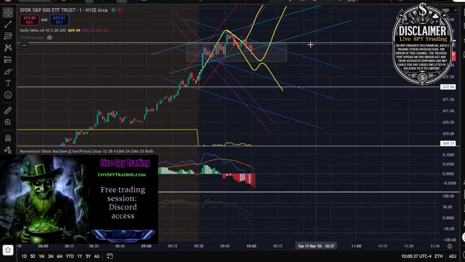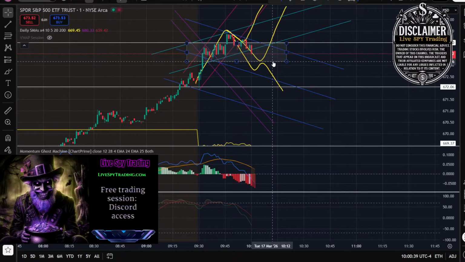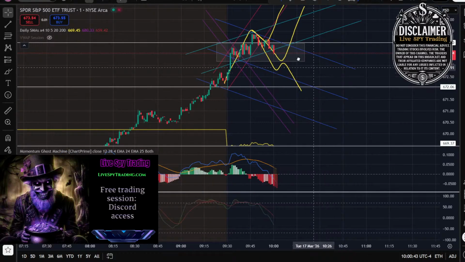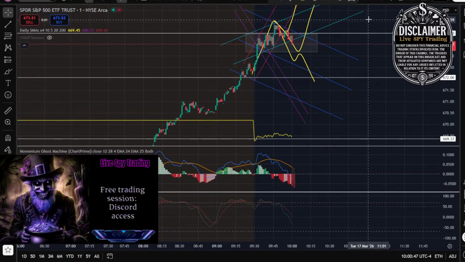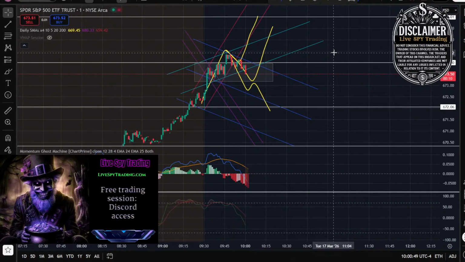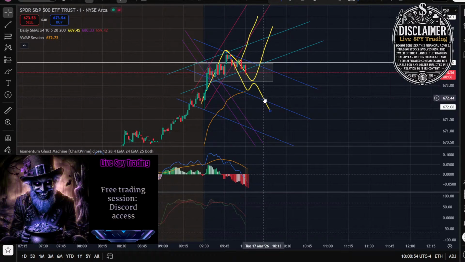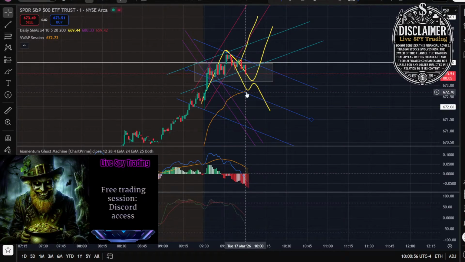All right, let's see if teal can get us to our, what is this? The bottom of the lick box. All right, let's look at VWAP. Okay, possible. Very possible.